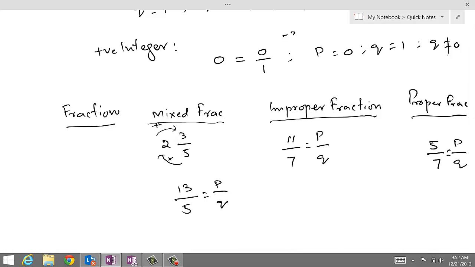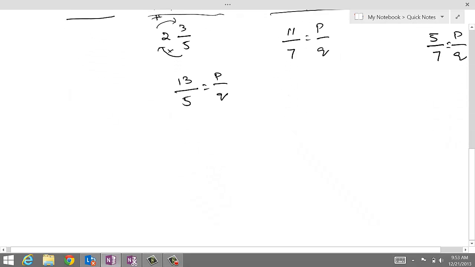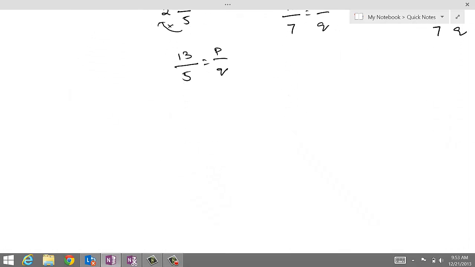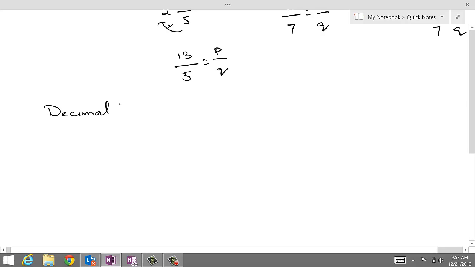So far we have established the fact that all the integers, positive and negative integers, including 0, are all rational numbers. Fractions, whether they are proper fractions, improper fractions, or mixed fractions, are all rational numbers. And now we are going to take a look at the decimals.